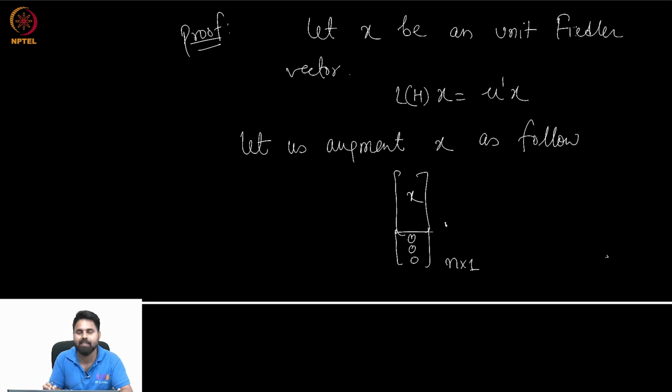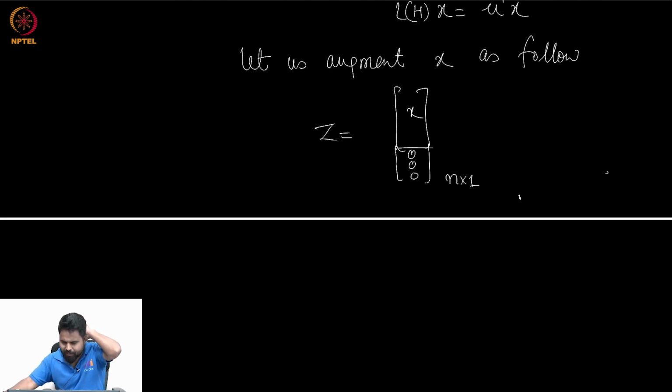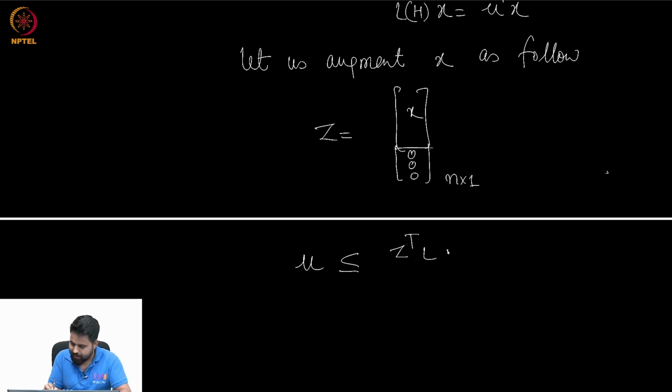Remember, the size here was still the number of vertices in H. Suppose you call it Z. So Z is nothing but augmented x. Now you see that, due to the Rayleigh quotient, this mu is always less than or equal to Z transpose L Z.